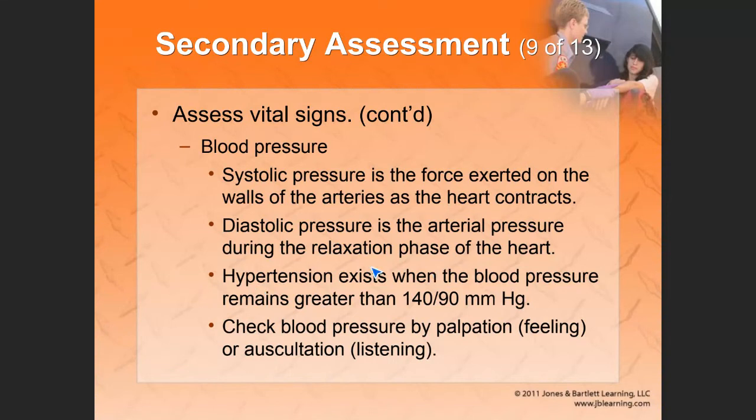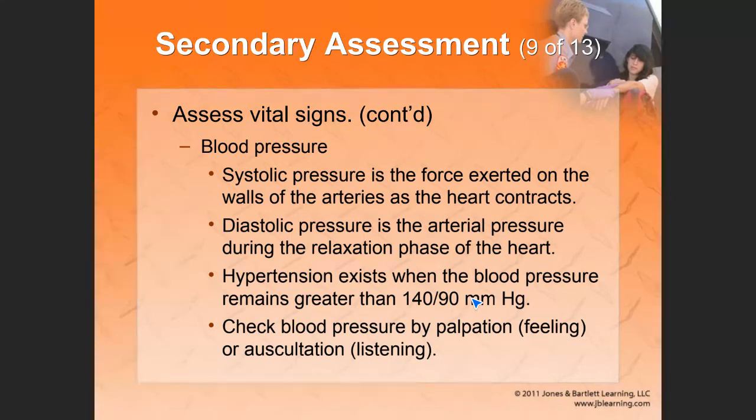Hypertension exists when the blood pressure remains greater than 140/90. So ideally, blood pressure should be 120/80. The systolic tends to go up as we get older if we're not in good shape.